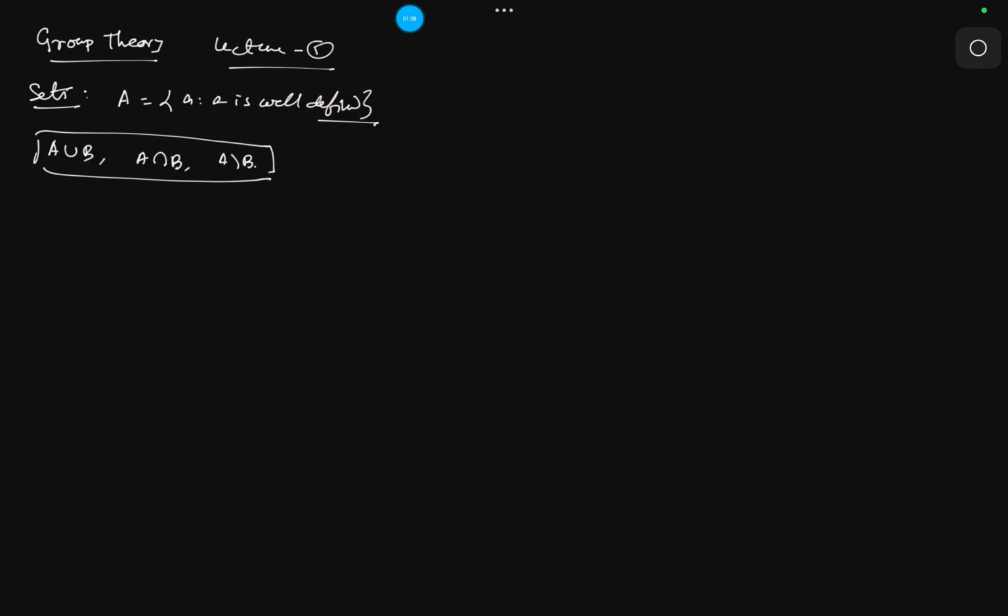So all these things we are familiar to do with sets. And also we know a way of transformation from a particular set to another one, that is via a function.